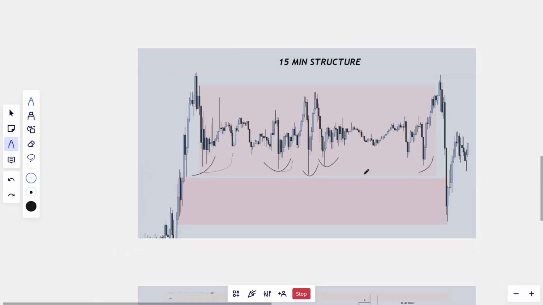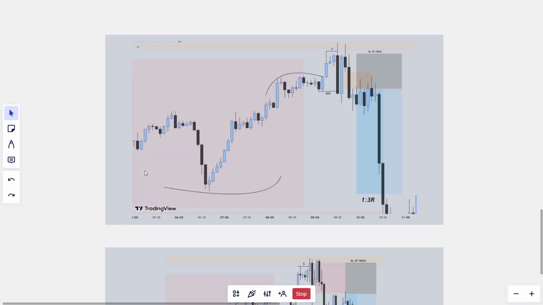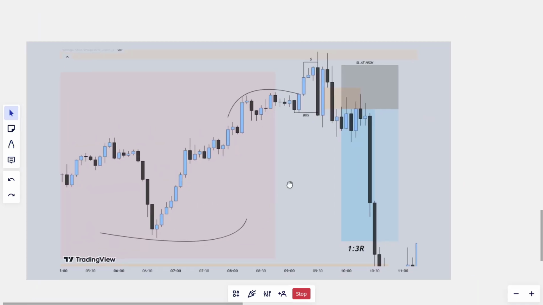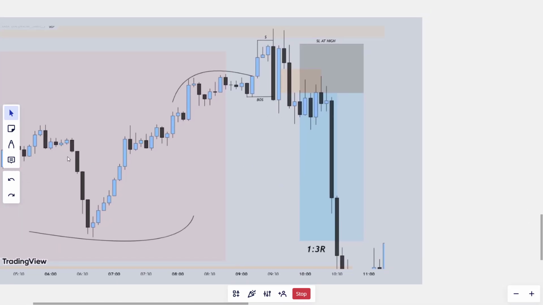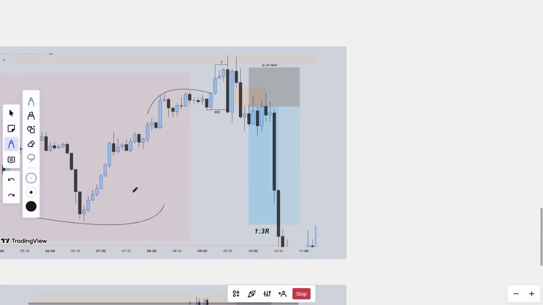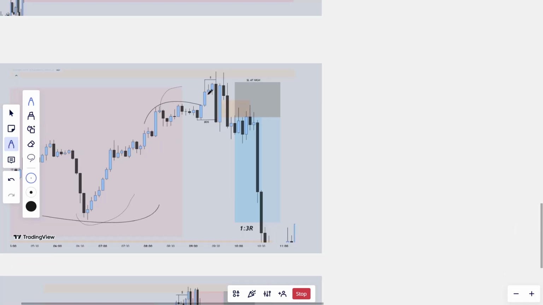And then right here, this is just our 15-minute structure. So let's scale down to the lower time frames even more. And then we are now on the 5 minute time frame, right? So this is around where I was observing my current old lows in the 5 minute structure. What was price showing me, right? So as you can see here on the 5 minutes, we can see right here was my old low, and then price gave me a liquidity sweep of these old highs, exactly what I look for.